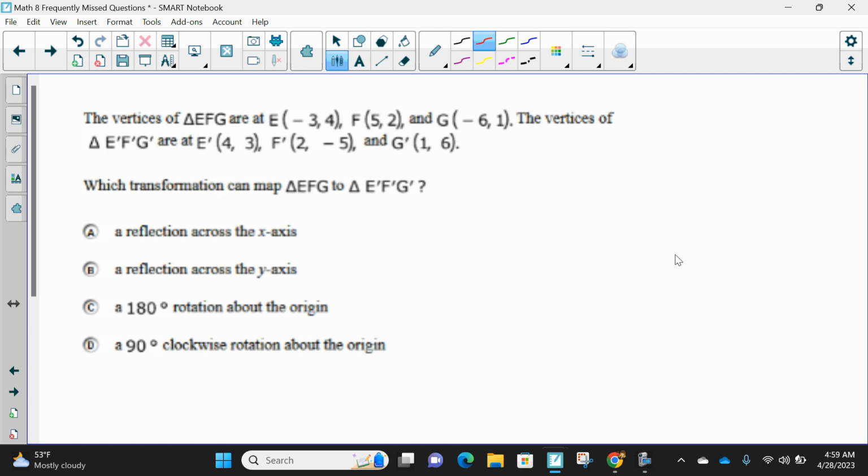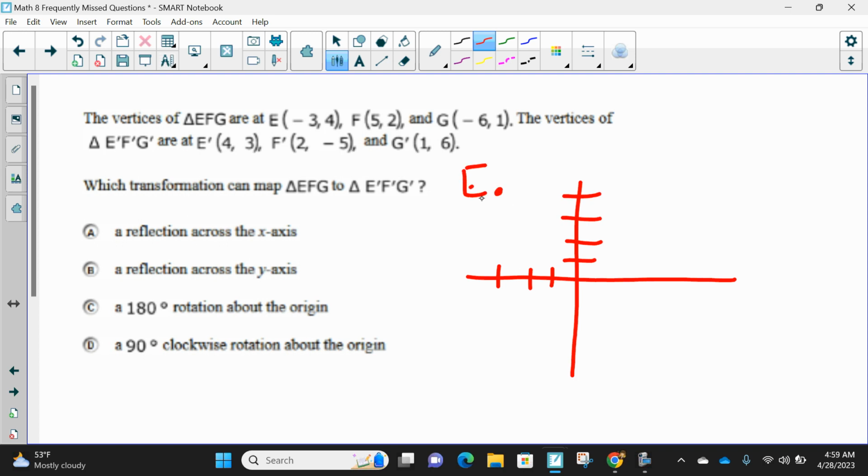The vertices of E, F, G are at (-3, 4), and so on. The vertices of E prime, F prime, G prime are listed. Which transformation? So if I were to just graph one of them, so (-3, 4), here's where E is, and E prime is at (4, 3).